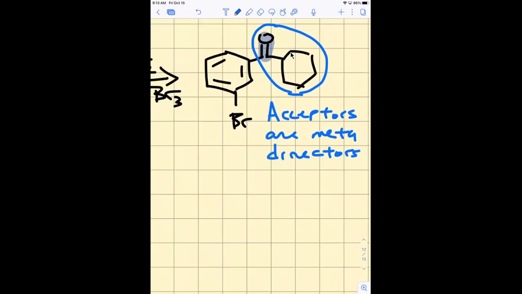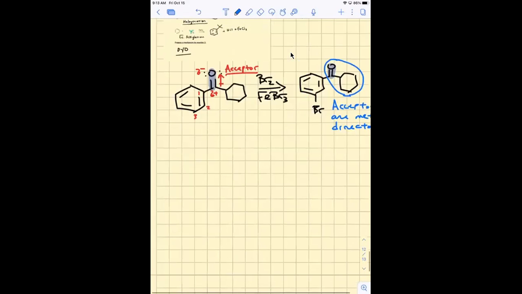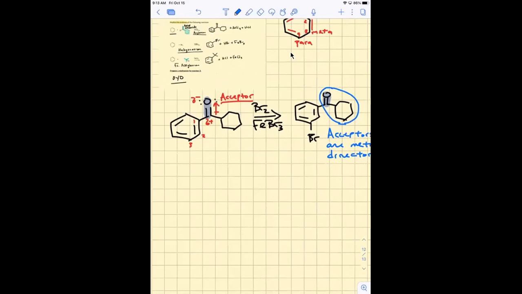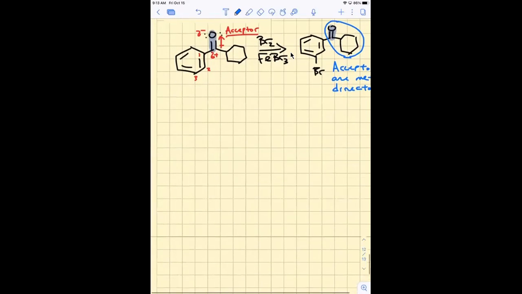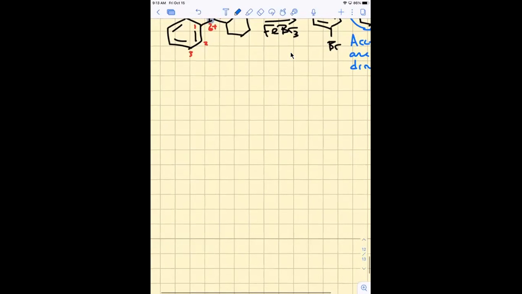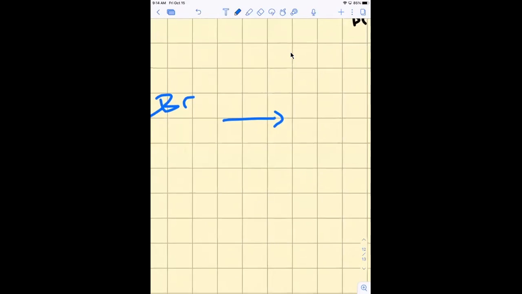All right. Let's take the next product, which was the brominated ring, sorry. And I'm going to isolate this.